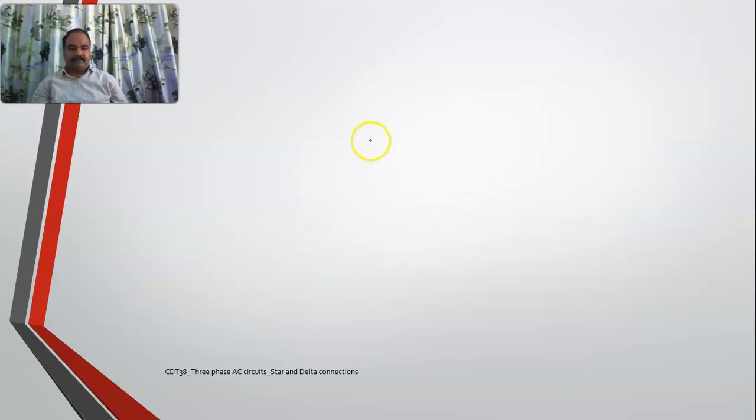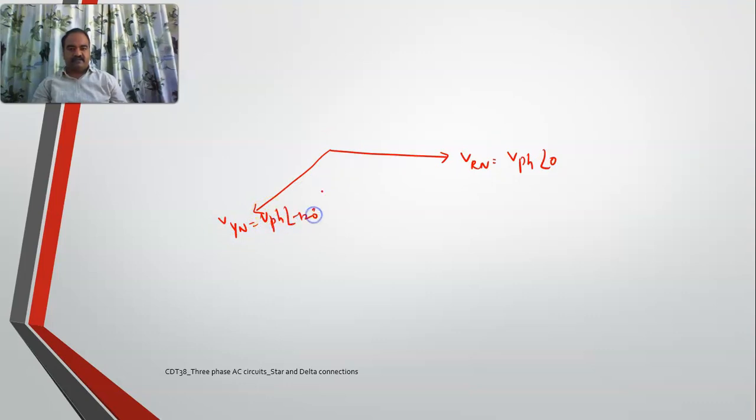This is your VRN, which is V phase at an angle of 0. This is VYN, which is V phase at an angle of minus 120. And this is your VBN, which is the phase voltage at minus 240. Now what is VRY?